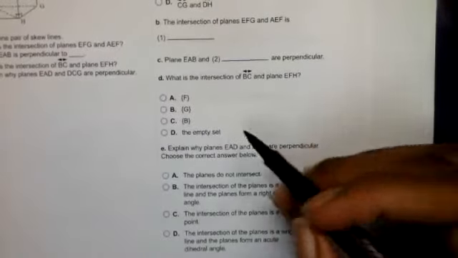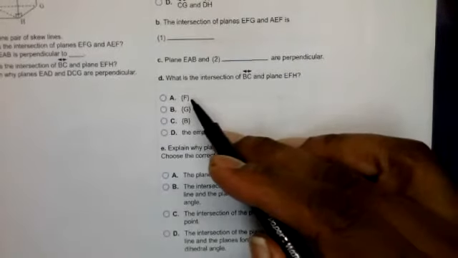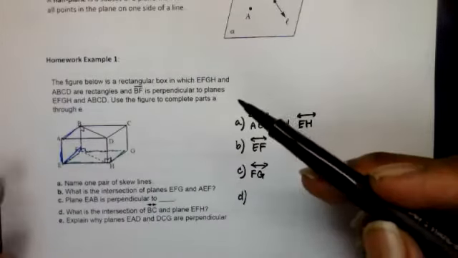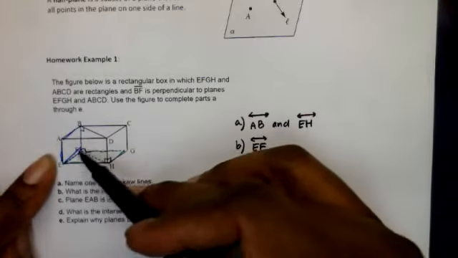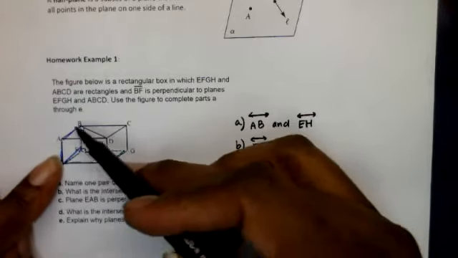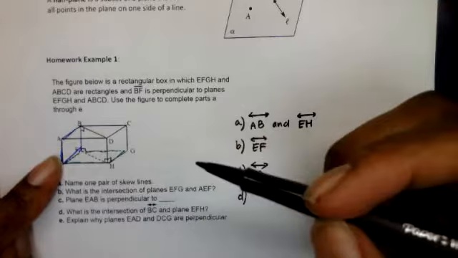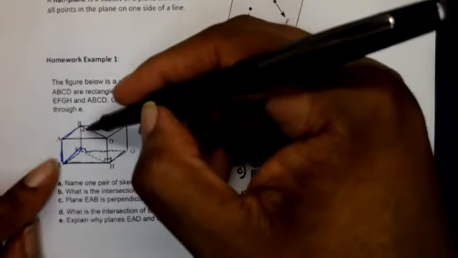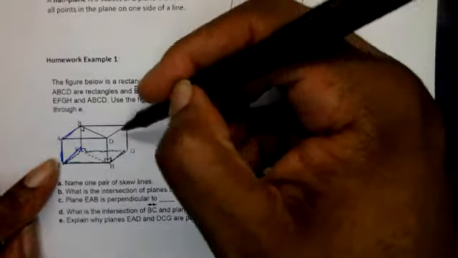And here's the choice of answers that they're giving you. It's going to have to be the empty set, because notice here, EAB is on this side, and BC is up here.